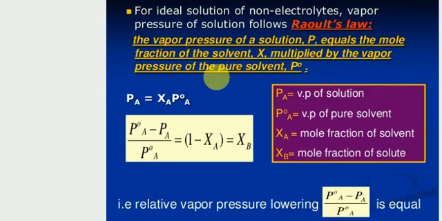Look at an ideal solution. For an ideal solution of a non-electrolyte, the vapor pressure of the solution follows Raoult's law. The vapor pressure of the solution is P equal to the mole fraction X multiplied by the vapor pressure of the pure solvent. Already we discussed this. Clear? I already discussed this in the previous session.